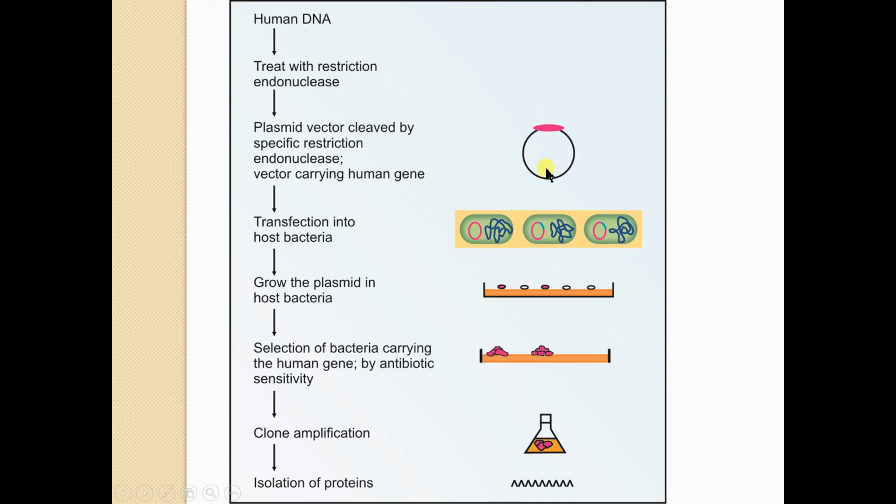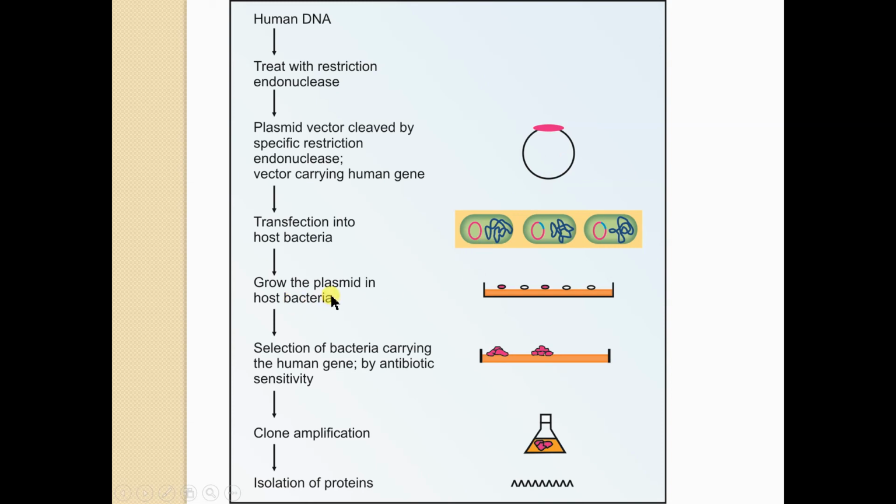Then this plasmid containing the human gene is allowed to enter the host bacterial cell, because when introduced into the bacteria, it will multiply into a larger number. This process is known as transfection, that is, the transport of plasmid into the bacterial cell.